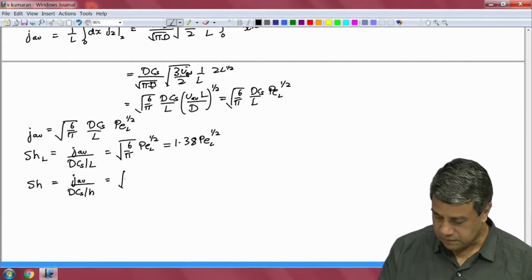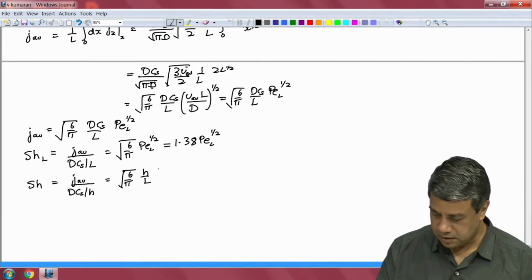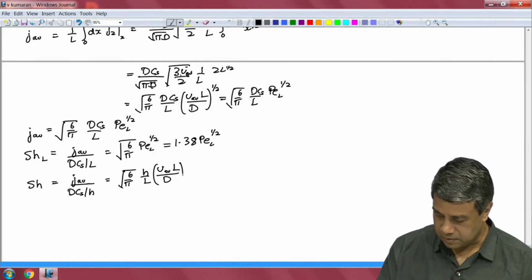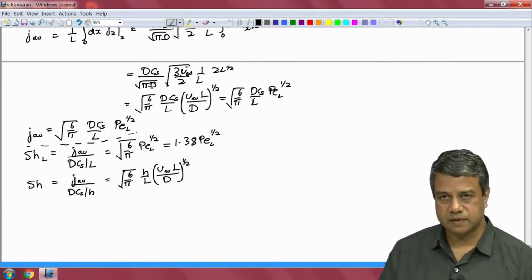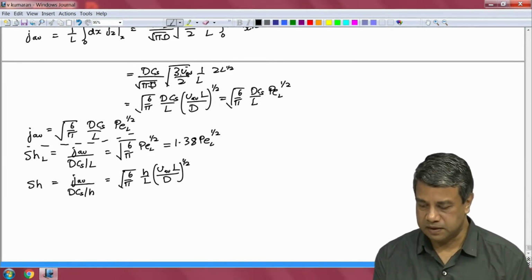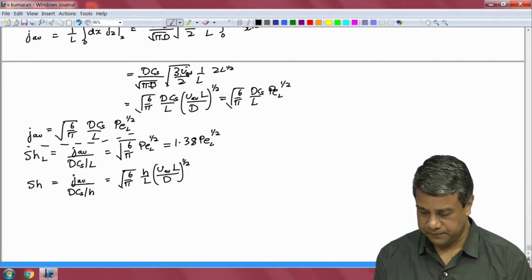It is equal to root of 6 by pi, H by L, into V average L by D whole power half. Just substituting for J average from here, and I am using the Peclet number V average L by D whole power half.